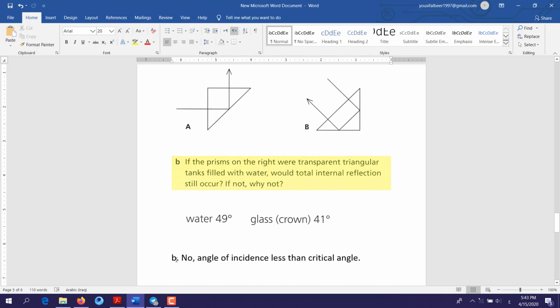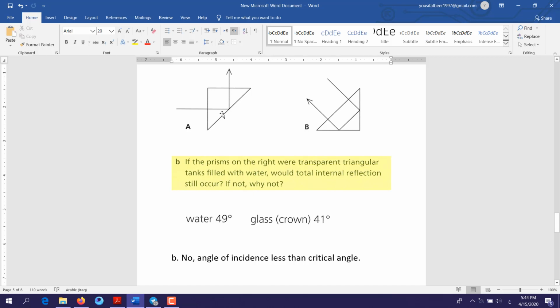Firstly, the answer will be no. Total internal reflection will not happen. The reason: the prism is made of glass, so its critical angle is 41. Total internal reflection happens if the incident angle is more than the critical angle.